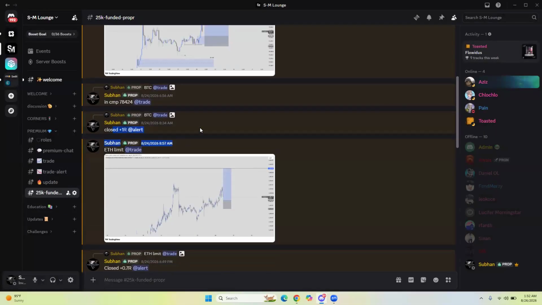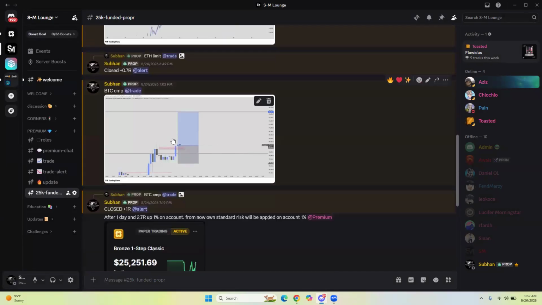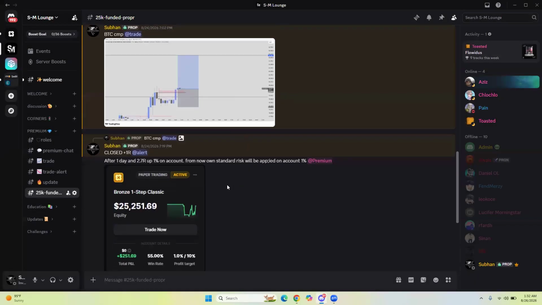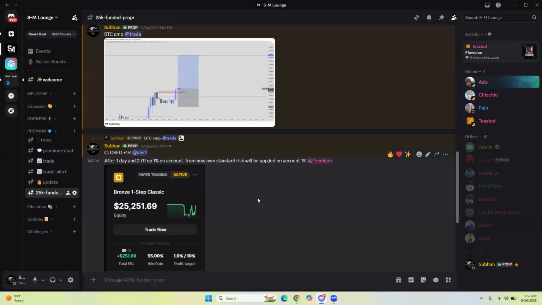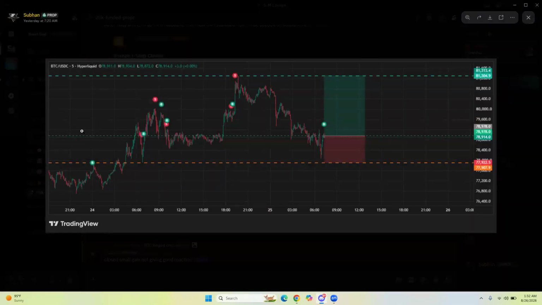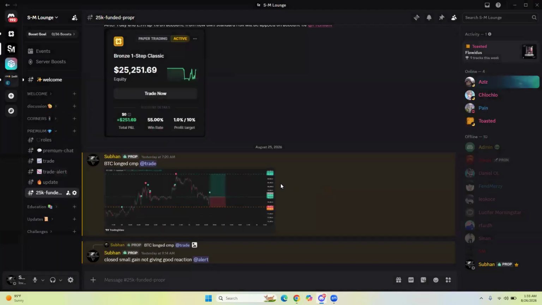Closed the first trade with 1R, then 0.7R. This one was the quickest one, and this was also 1R, so it was up about 1% yesterday night. I again took a long on Bitcoin, but I closed it for a small gain because price was hovering around. It was not giving me a good reaction.